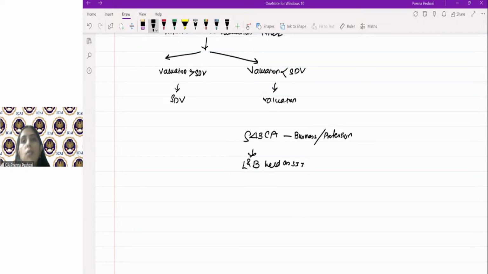So there you have exactly a similar provision under section 43CA. What it provides is that if the stamp duty value of the land and building held as stock in trade exceeds 110% of the sale consideration, in that particular case, you will have to consider the stamp duty value. And in case it is less than 110%, then you have to consider the actual consideration.